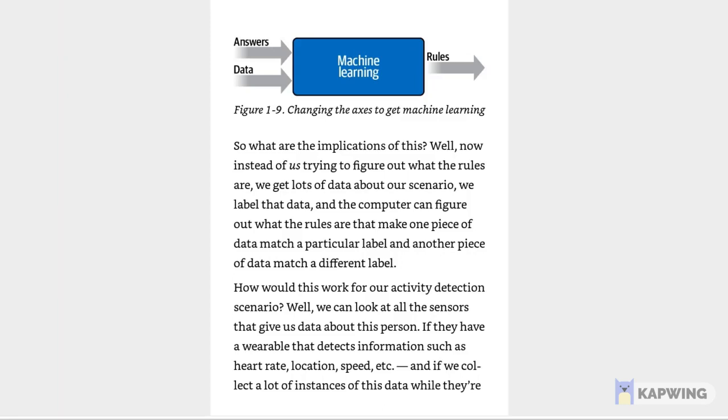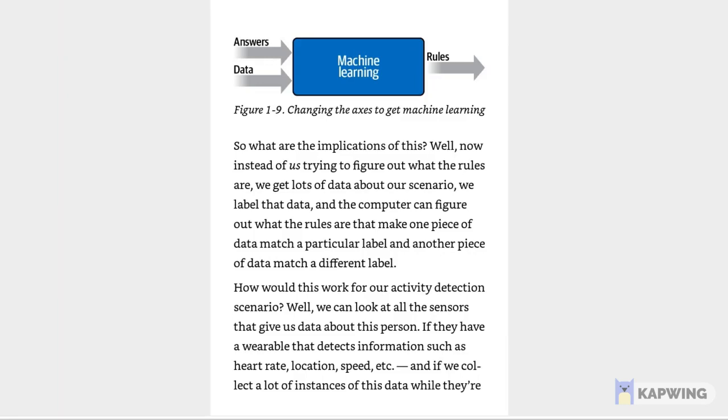So what we are trying to imply is that now, instead of us trying to figure out what the rules are, we get lots of data about our scenario, we label that data, and the computer can figure out what rules make one piece of data match a particular label and another piece of data match a different label.